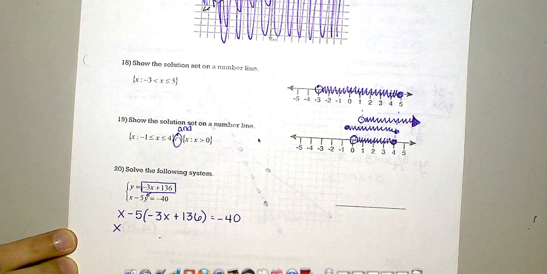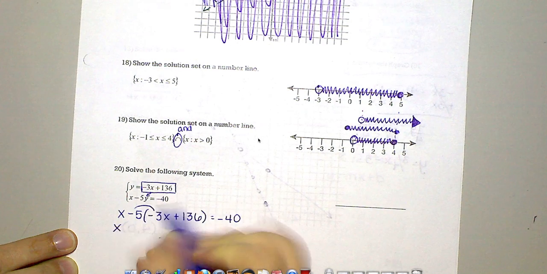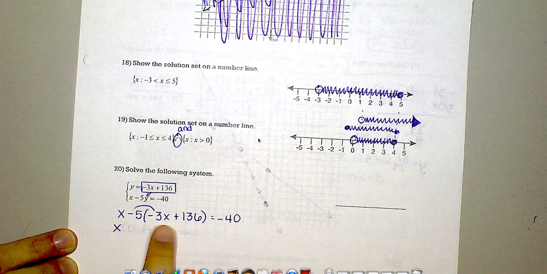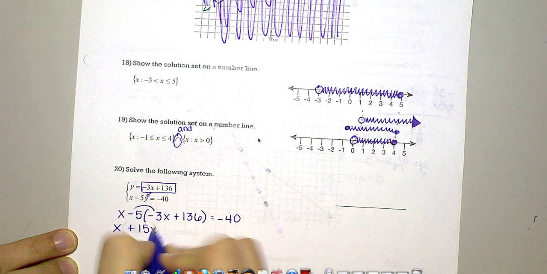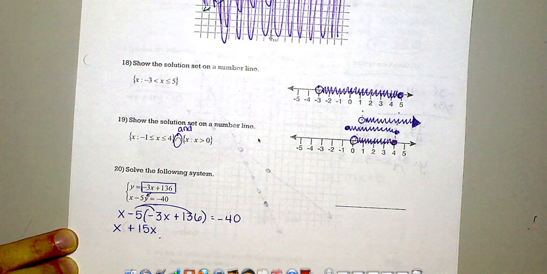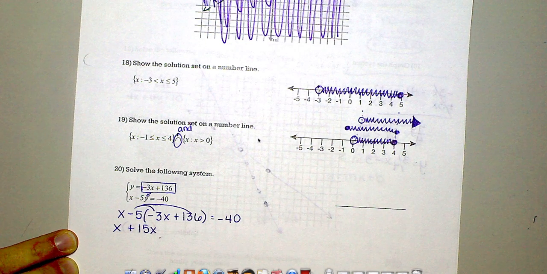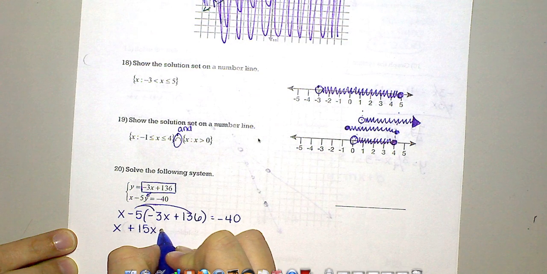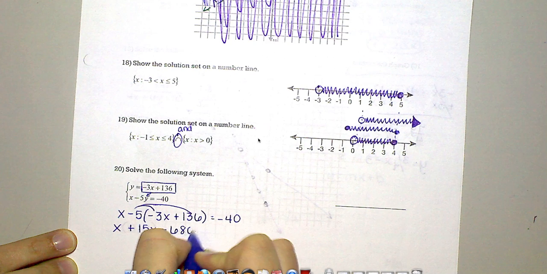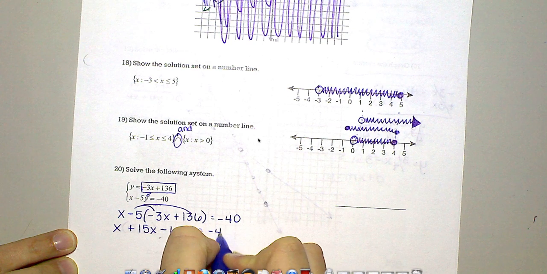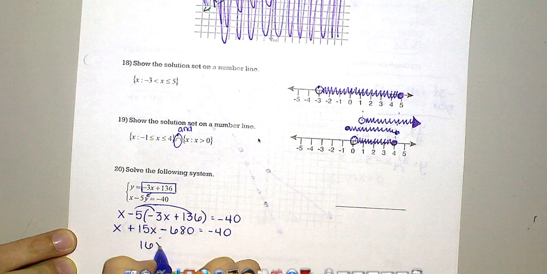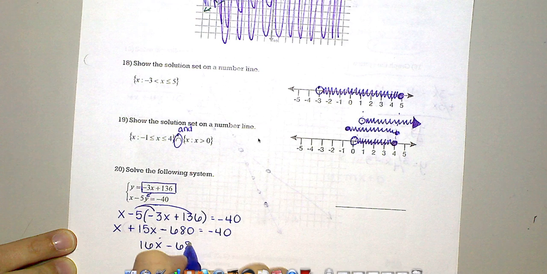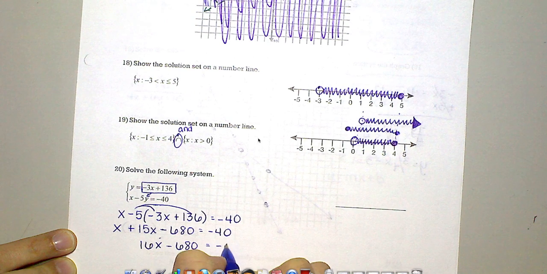So now I have x. Here I'm distributing. Remember, this is a negative 5. So negative 5 times negative 3 is positive 15x. Negative 5 times 136 is 680. And that would be negative 680 because that was a negative 5. Equals negative 40. I'm going to combine my x's, so I end up with 16x minus 680 equals negative 40.